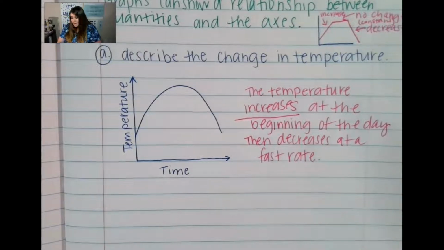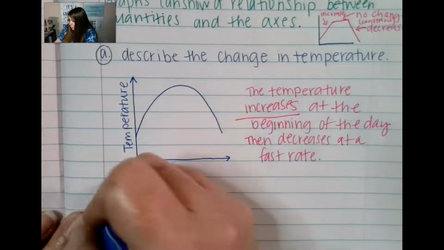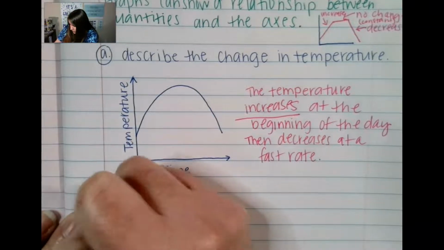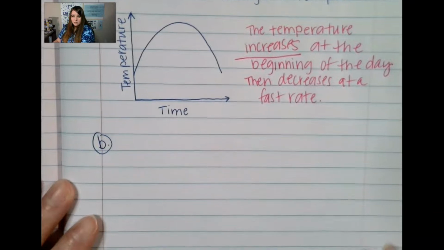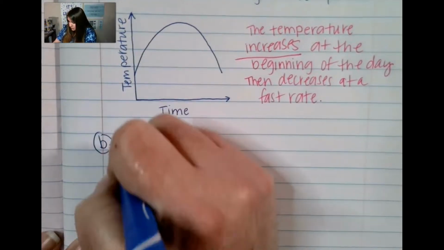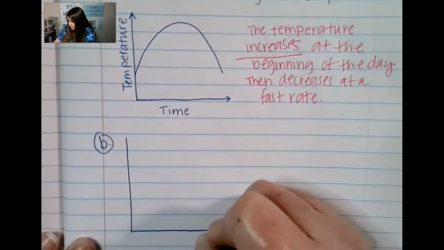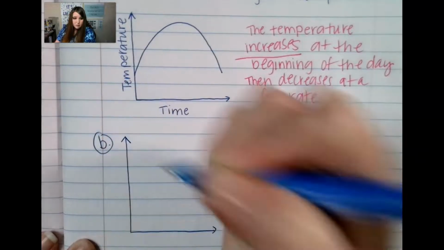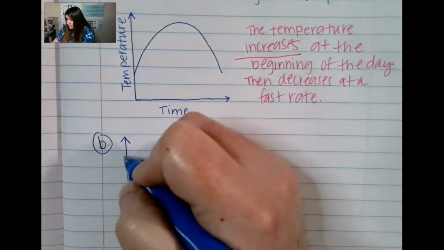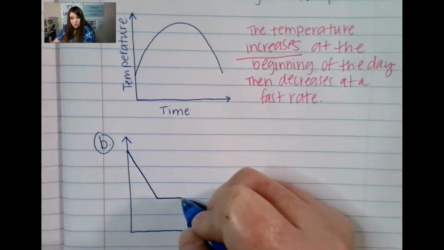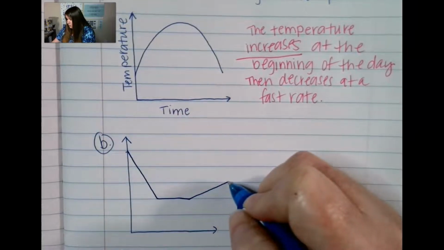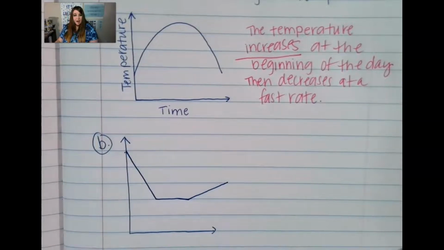Okay, let's look at another graph and we'll describe the temperature of this graph. Okay, so this graph looks like this. Here's your graph. And in this one, the temperature starts here, goes down. Okay, so there's your graph.